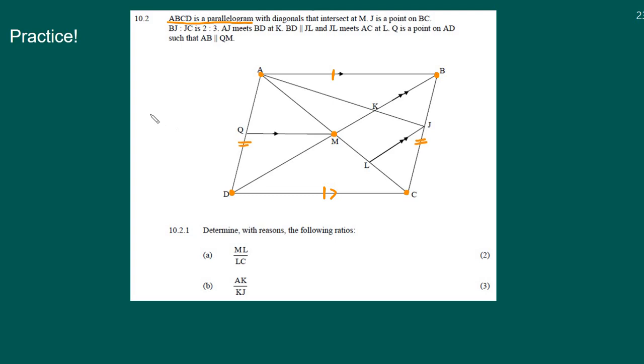So please know that MD would be equal to MB. Your reason would be diagonals of a parallelogram. So it means this side here should be equal to that side.